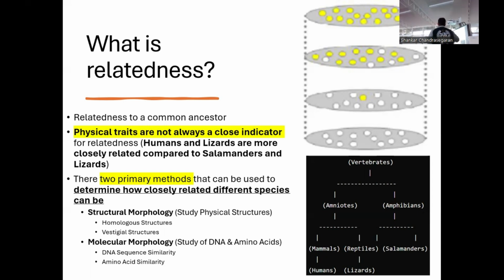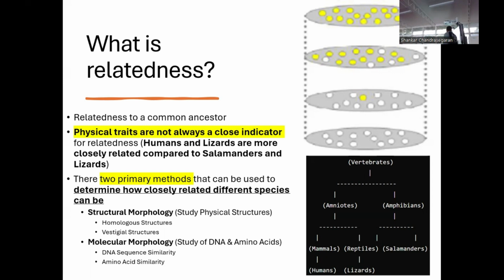For example, if you look at a lizard and a salamander, you would instinctively think that they are closely related because they have similar physical traits. But when you actually study their morphological makeup, you get a sense that humans are more closely related to lizards than lizards are to salamanders, because they diverged at a much earlier period. Basically, once we had vertebrates, there was a divergence between amniotes and amphibians.